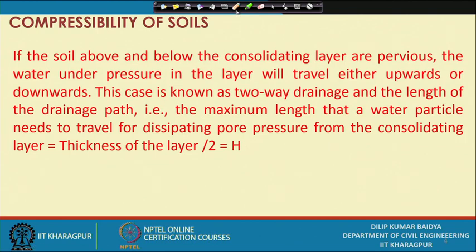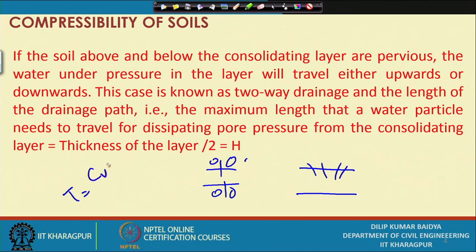And now, when there is a layer, there may be a situation where only one side is rock and one side is pervious soil. So, water will flow in one direction. Sometimes there may be a layer where both sides are pervious soil. So, flow will be in both directions. Accordingly, in the equation we have used, T equal to Cv t by h square, this h is actually the longest distance the water particle has to move to dissipate the pore pressure.